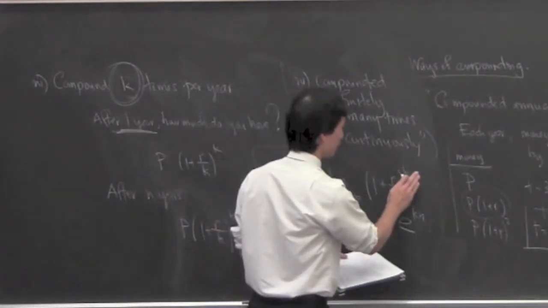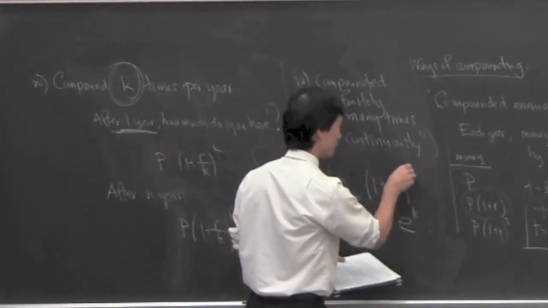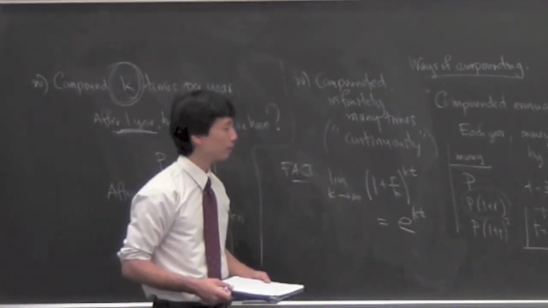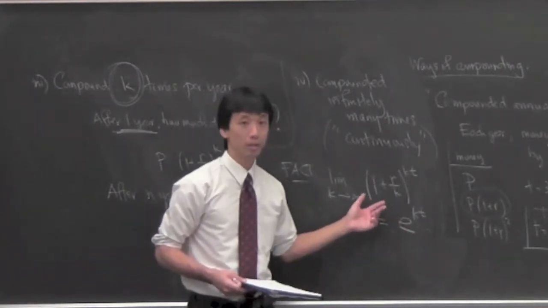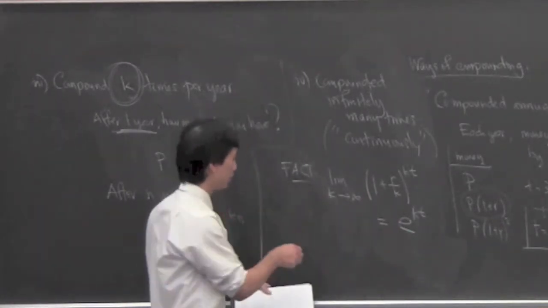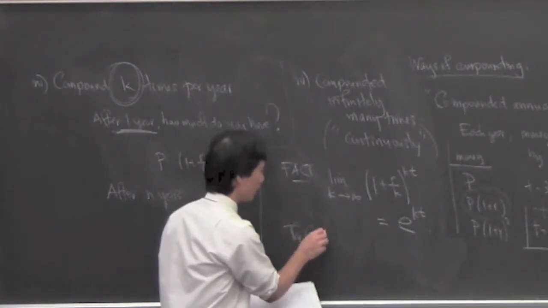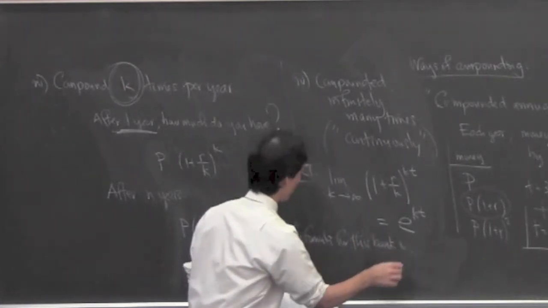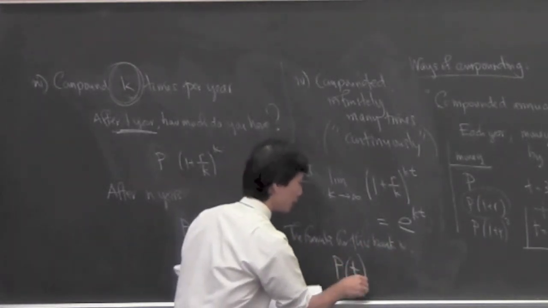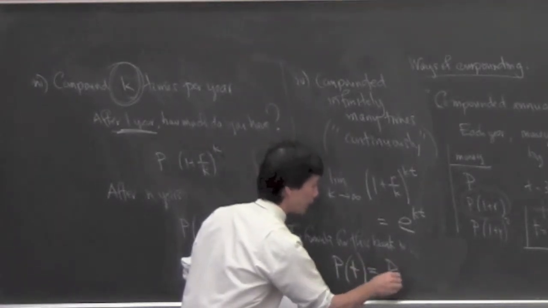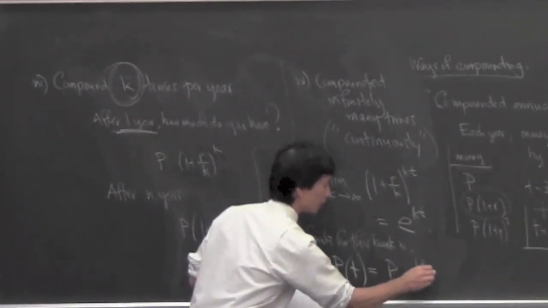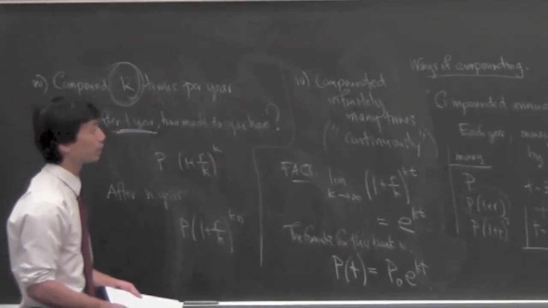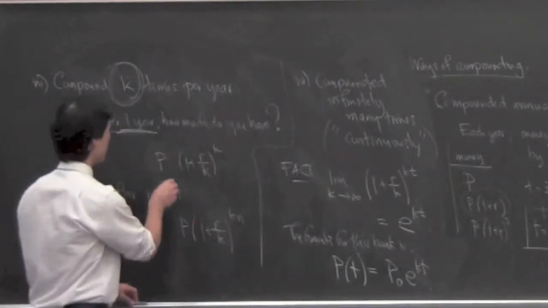Actually, just to be consistent with the book, let me change this to a t. So the formula for this bank is that the money at time t is your initial money times e to the rt.